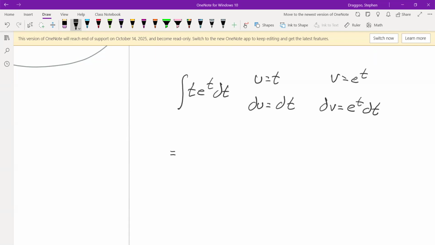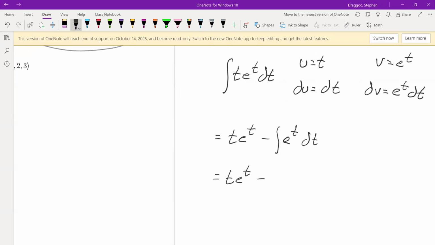So that integration by parts should be t e to the t minus the integral of e to the t times dt, which is just t e to the t minus 1. All right, yeah, nope, minus e to the t. There we go. Or written another way, that's t minus 1 e to the t.